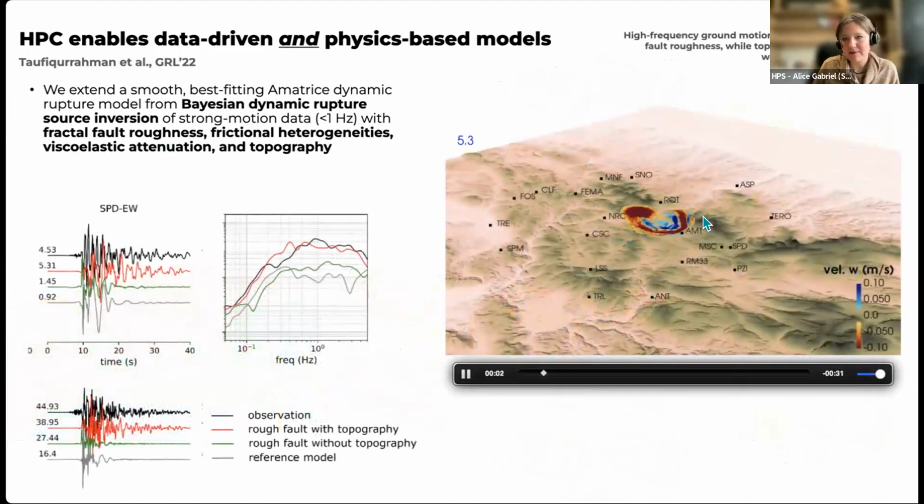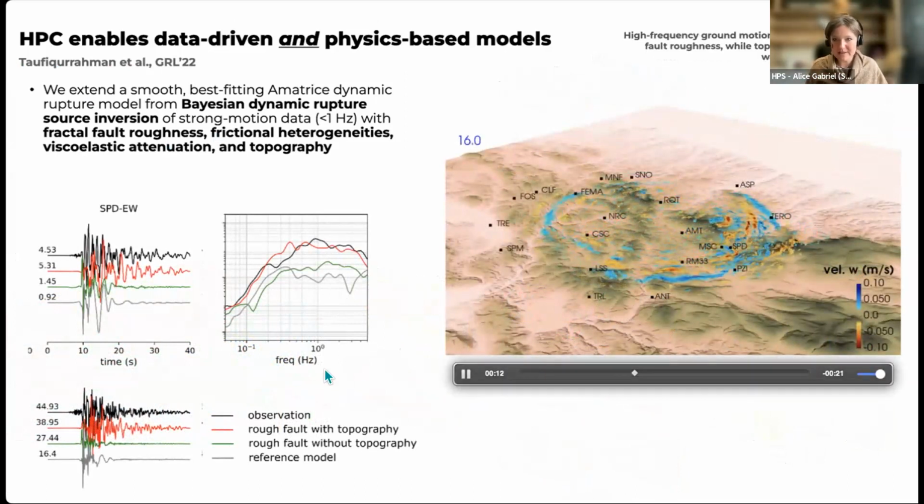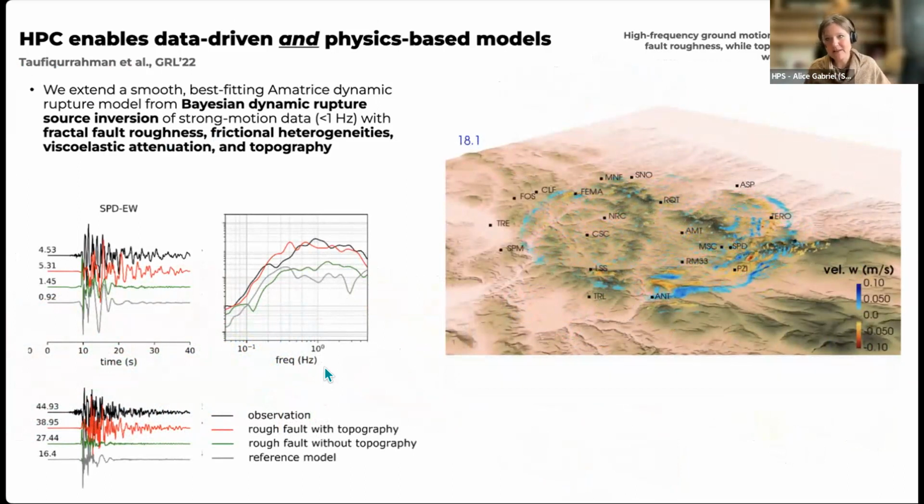Now you can see the wave field that's emitted by this rough fault interacting with topography, and we're basically finding that high frequency ground motions are amplified early on by adding fault roughness, and then we're adding topography as well to prolong the duration of our waveforms and get to very realistic broadband waveforms in velocity here. So this would be the reference model, then adding fault roughness, adding topography. Now we can see these different effects of increasing high frequency content and elongating the waveforms.